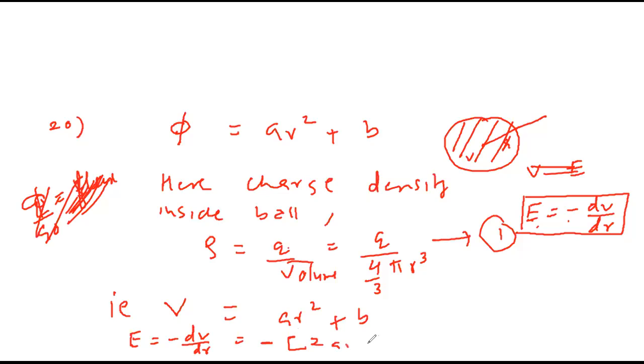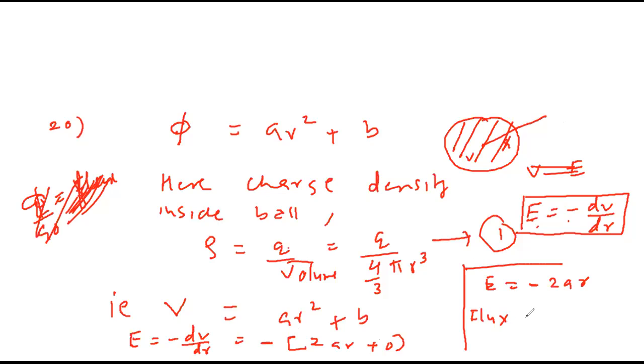B is constant, so its derivative is 0. So can I say E is minus of 2AR? E is minus 2AR. Okay.